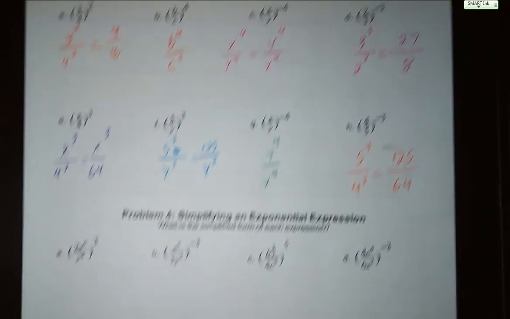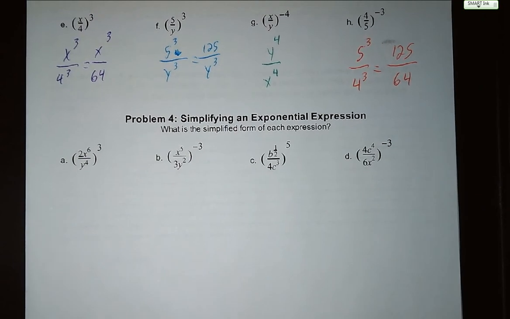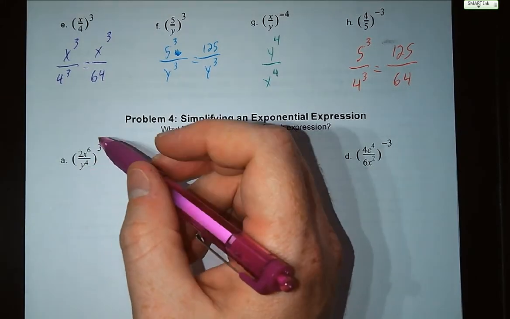All right. Last one, problem number 4, simplifying an exponential expression. Now we're dealing with a product, so we're going to have to raise multiple things to the exponent. So we have 2x to the sixth over y to the fourth, the quantity raised to the third power.